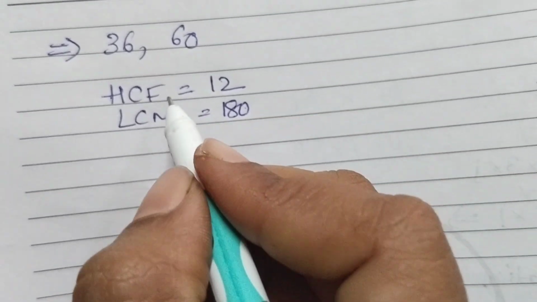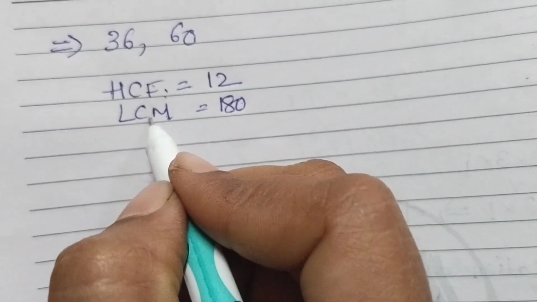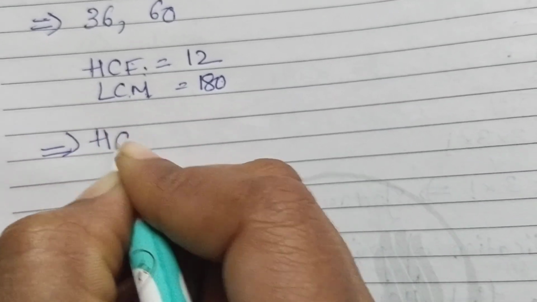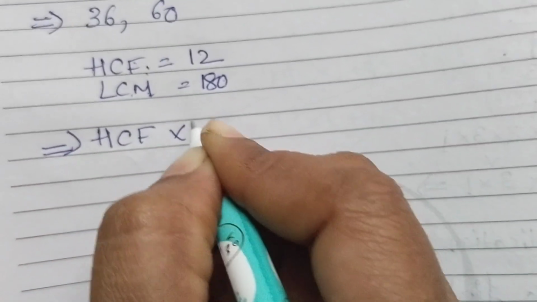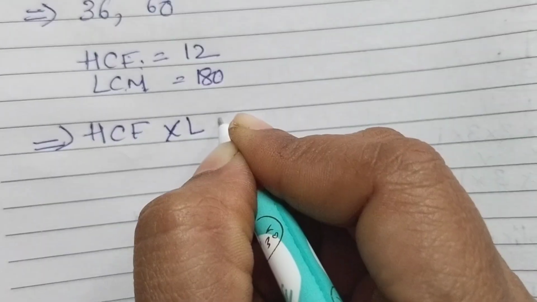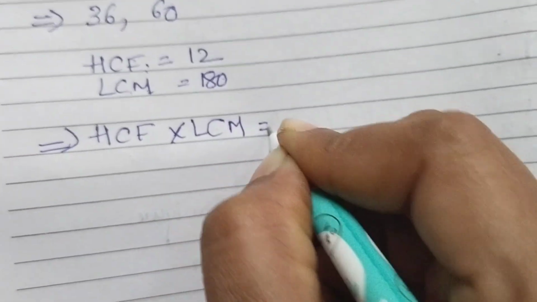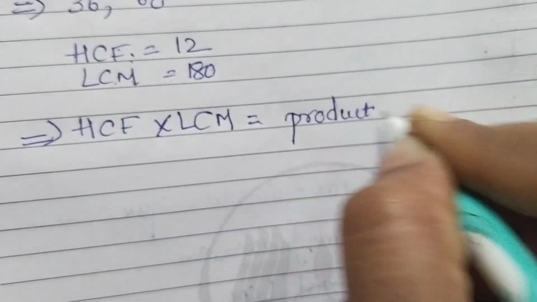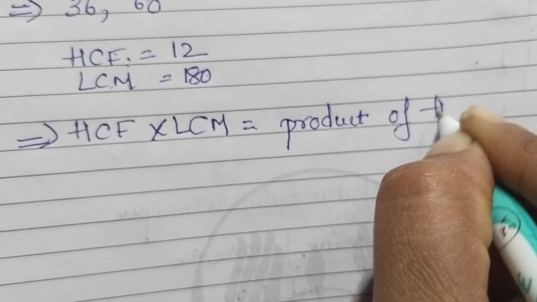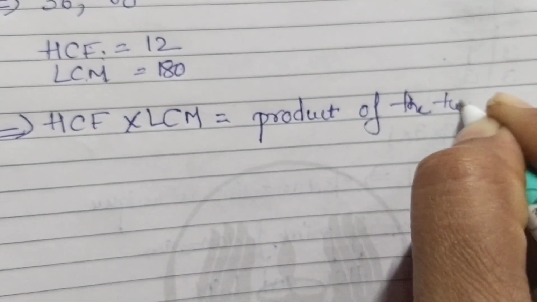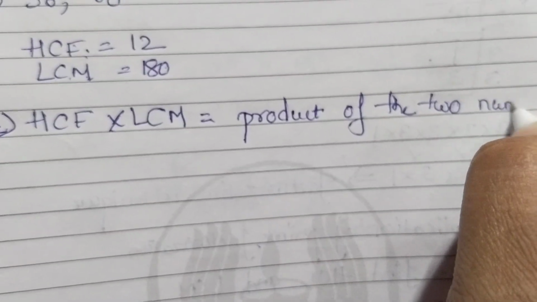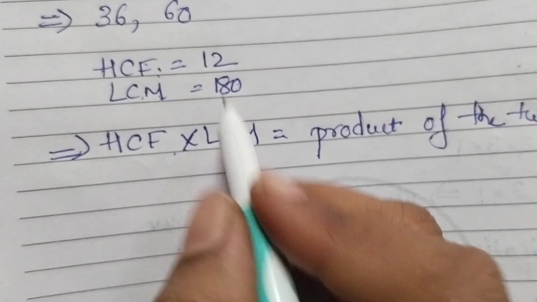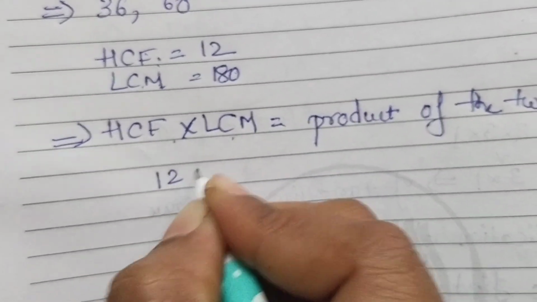The formula regarding these two numbers, HCF and LCM, is HCF into LCM is equal to the product of the two numbers, okay? HCF into LCM, right, means 12 into 180.